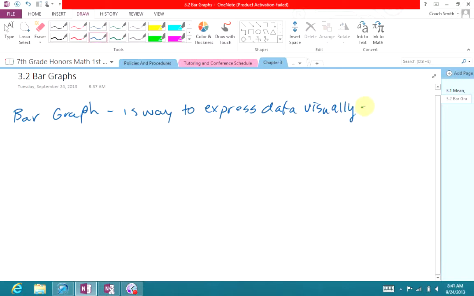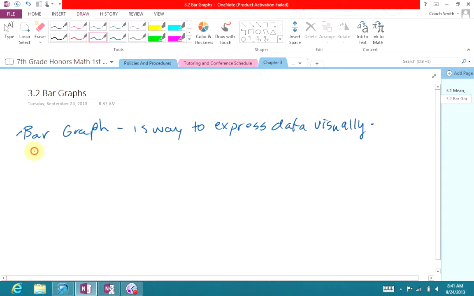Okay. There are basically 2 or 3 different types of bar graphs. Okay, and they're really not different types as much as they are just the number of bars that you have. We have a single bar graph, and that's like example 1 on page 108.